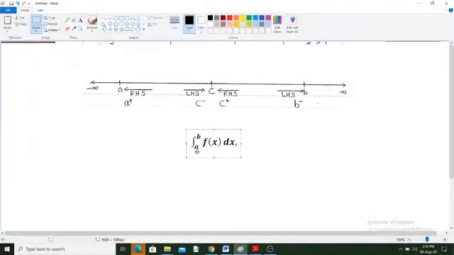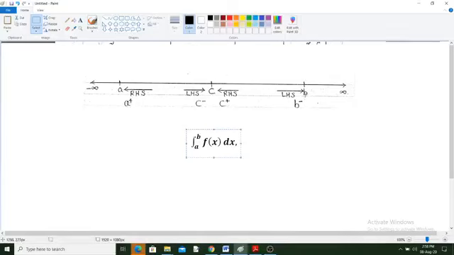Remember, in the integral a to b f of x dx, we never go less than a, and we never go greater than b. This means we can move towards a only from the right hand side, and whenever we move from the right hand side we write a positive.